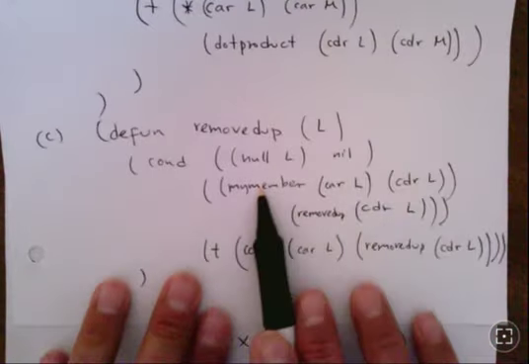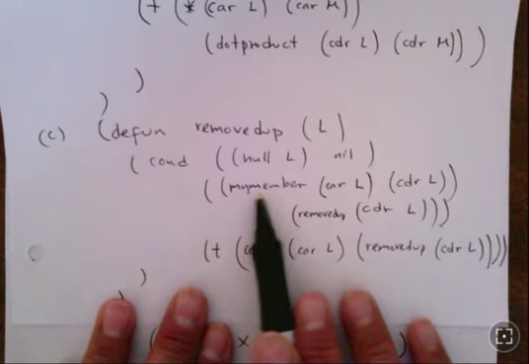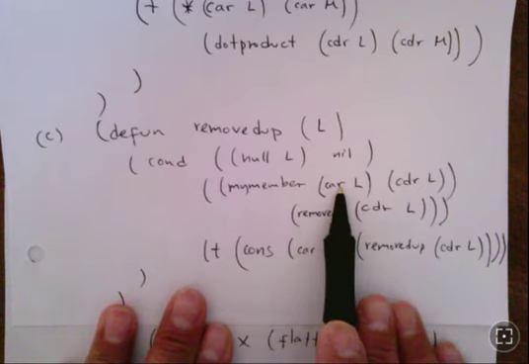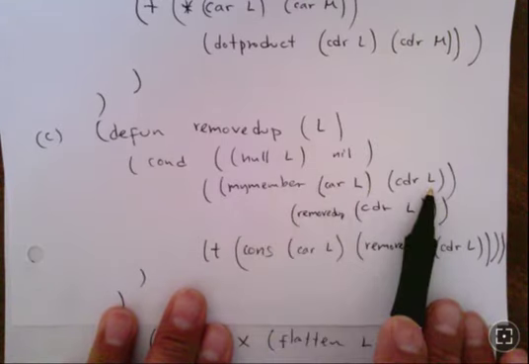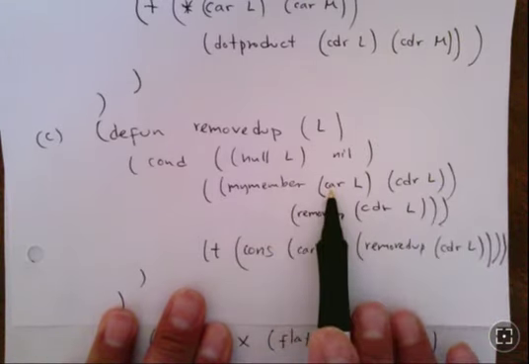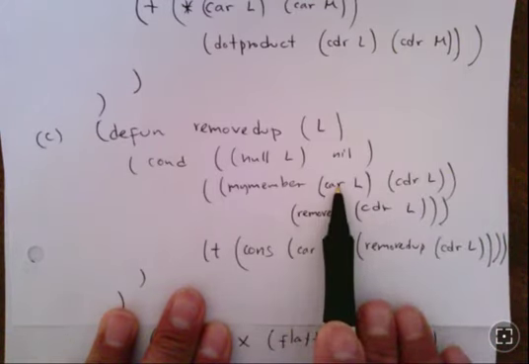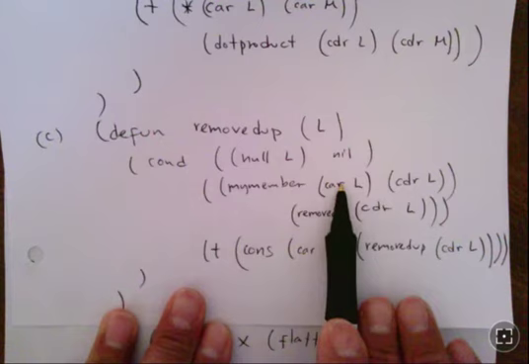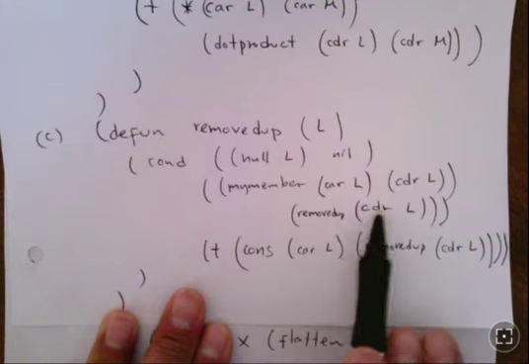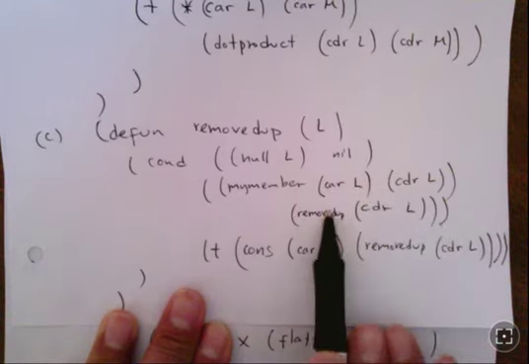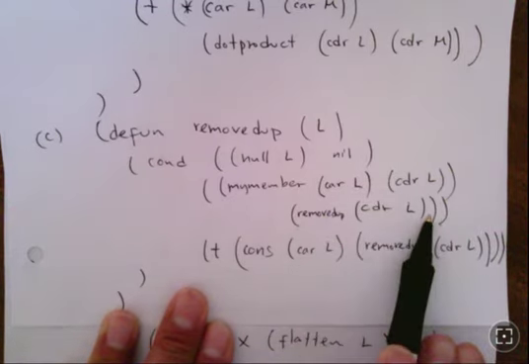Now the other part is, is the first element of the list a member of the rest? If it is, then we found a duplicate because this is coming in the rest of the list. Then we want to remove. So then we ignore it and we continue removing, because maybe this element is still there, but we continue removing duplicates from the rest of the list.